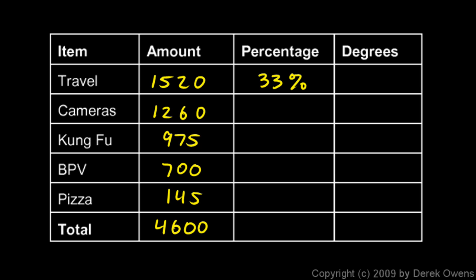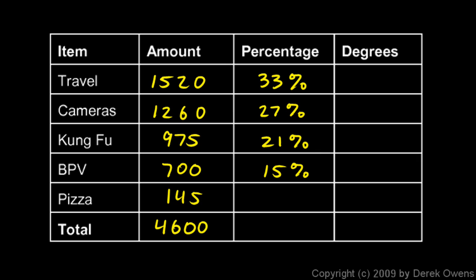And then we'll do the same thing with the other categories. 1260 divided by 4,600 comes out to 0.27, or 27% of the total. On the kung fu, we do 975 divided by the total of 4,600, and that comes out to 0.21, so that's 21%. The bulletproof vest cost $700 out of a 4,600 total, and that comes out to 15%.